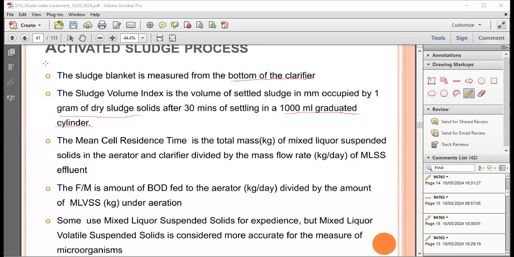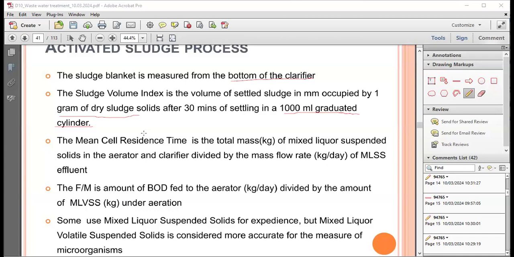Okay. The mean cell residence time is the total mass in kilograms of mixed liquid suspended solids in the reactor and clarifier divided by the mass flow rate of MLSS effluent.